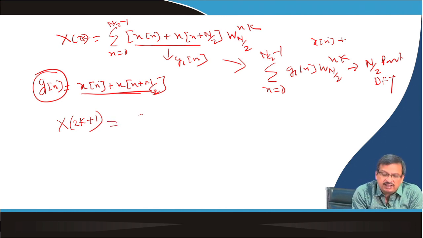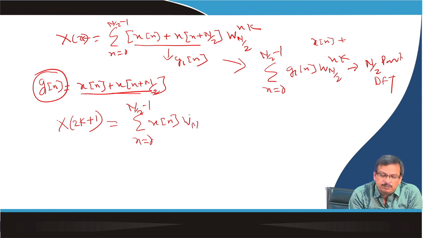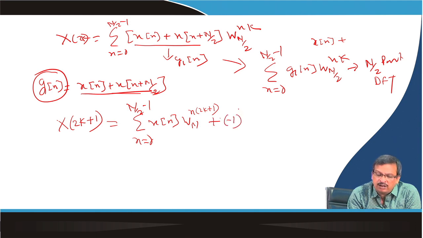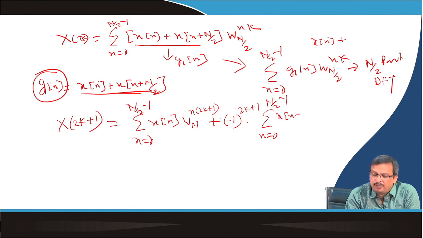I know this is nothing but the sum over n equal to 0 to N/2 minus 1 of x(n) W_N^(n(2k plus 1)), where k is replaced by 2k plus 1, plus minus 1 to the power 2k plus 1 into the sum over n equal to 0 to N/2 minus 1 of x(n plus N/2) into W_N^((2k plus 1)n).